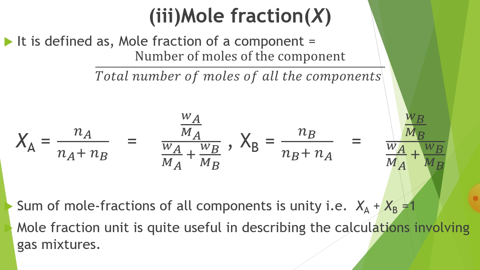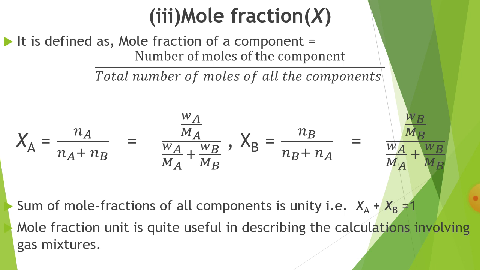Then the mole fraction of component A, that is XA, where X is mole fraction and A is the component, is equal to the number of moles of component A divided by the total number of moles of components A plus B. As you know, and I also taught you in class 11 about the number of moles, mole fraction, molality, the number of moles is equal to mass by molar mass.